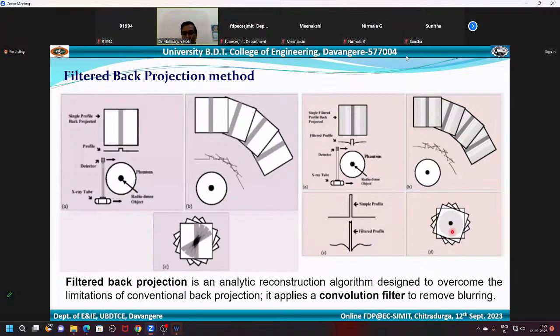Okay, so this is one of the very popular reconstruction techniques, filter back projection, which is used in the CT. Okay, so these are the algorithms which are there in the computer system. When the information we get from the X-ray detector goes to the system, that information is processed using these algorithms to develop a CT image.